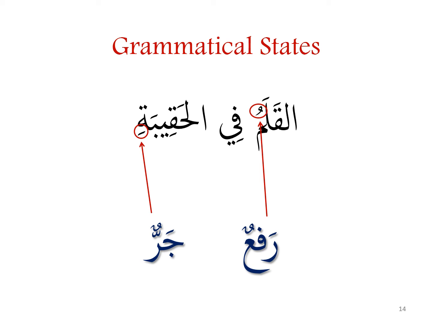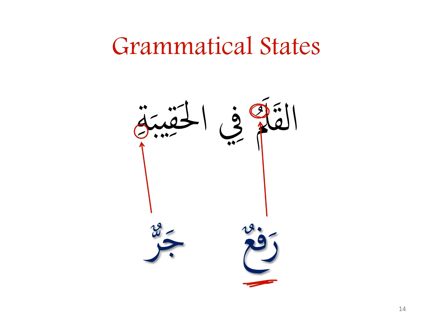But in reality, the term we should be using is raf', because nouns have three grammatical states: raf', jar, and nasb. And there are different ways to indicate the grammatical state of those particular words. So with a singular noun like al-qalamu, the state of raf' is indicated by a dhamma. So when you see al-qalamu, you would say that this word is in the state of raf'.